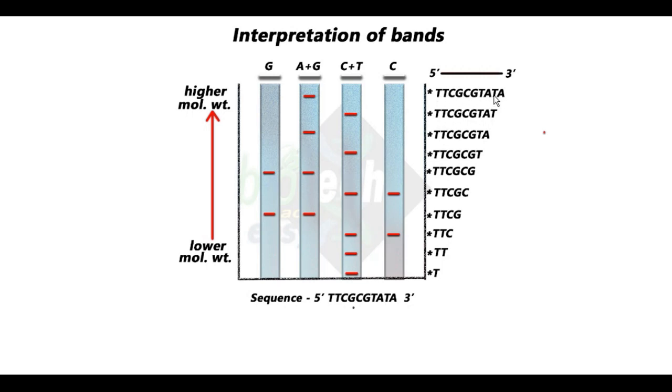And this sequence is same. If you remember, we supposed that in single stranded DNA there is this particular random sequence. So you check it with that. It is same except for the first nucleotide. As I said, that cannot be interpreted from the Maxam and Gilbert method.